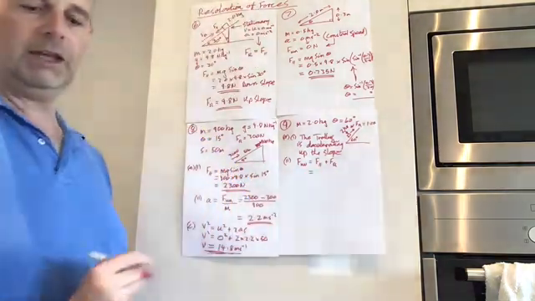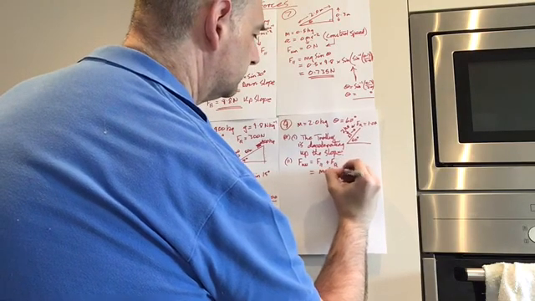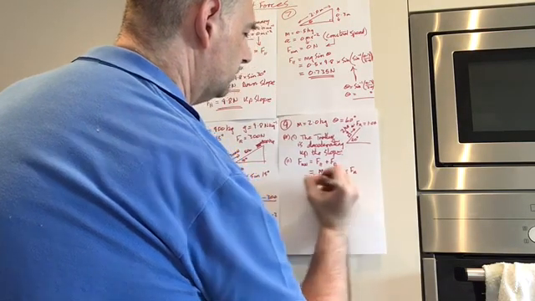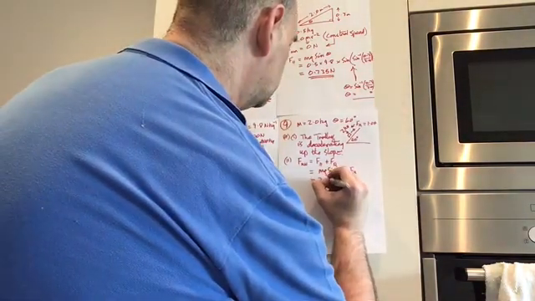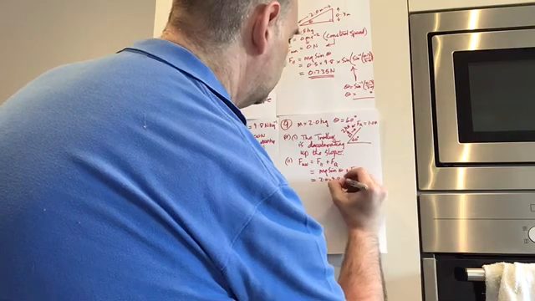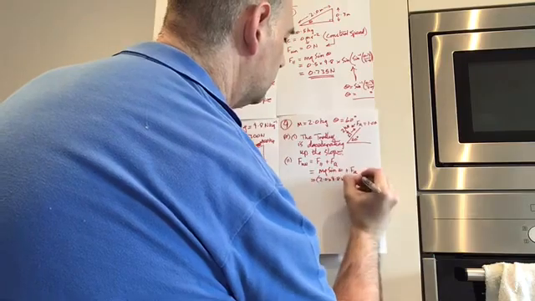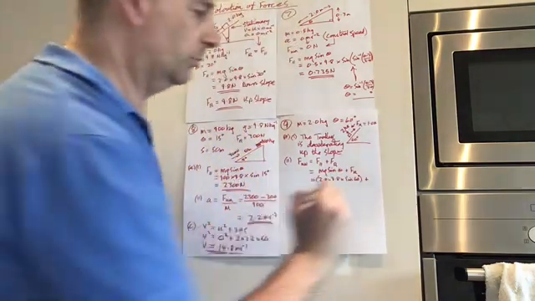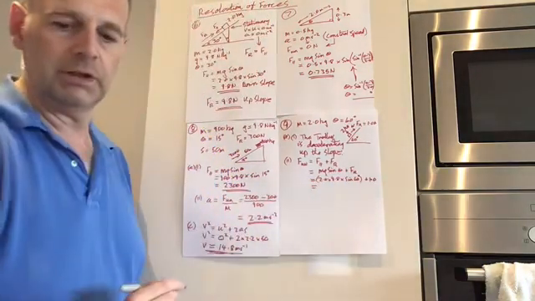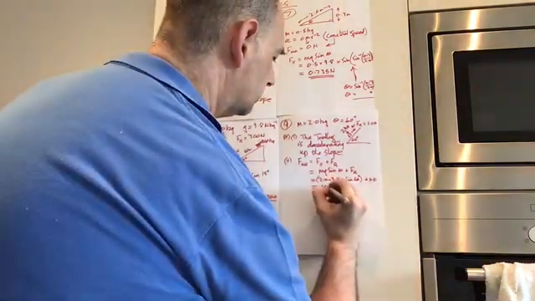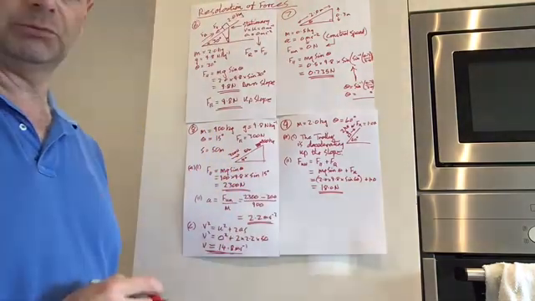So that's going to be mg sine theta plus the force of friction, which is going to be 2.0 times 9.8 times sine 60 plus 1.0, and that should give you 18.0 newtons, allowing for rounding to the correct number of significant figures.